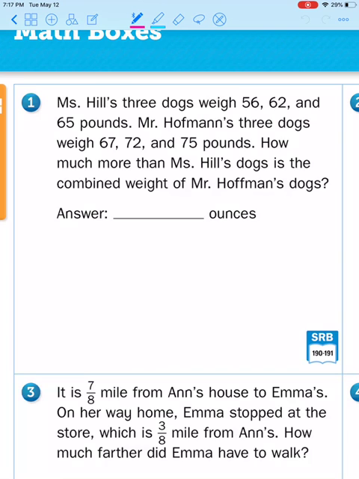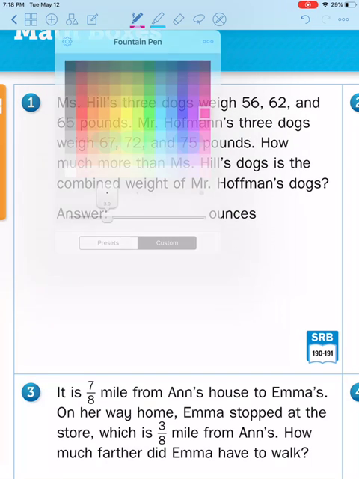They're asking us how much more is Mrs. Hill's dogs is the combined weight of Mr. Hoffman's dogs. So first, let's figure out what's the combined weight of Mr. Hoffman's dogs. So his dogs are 67, 72, and 75 pounds. So I'm going to add up all of those.